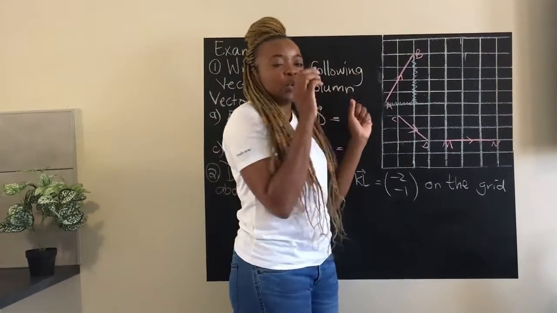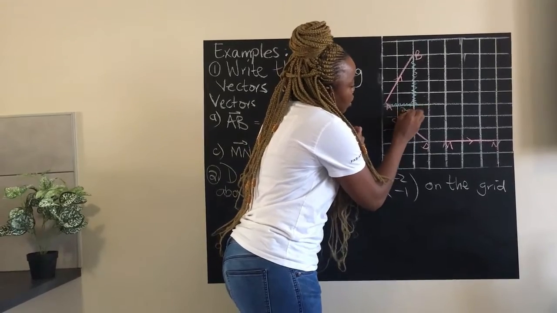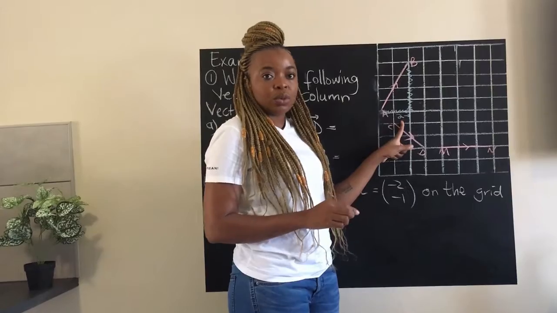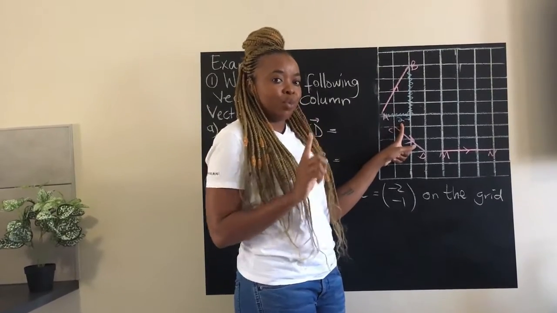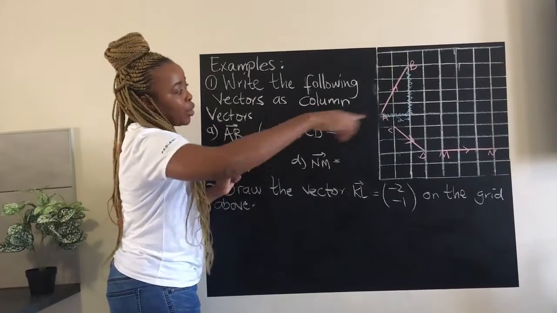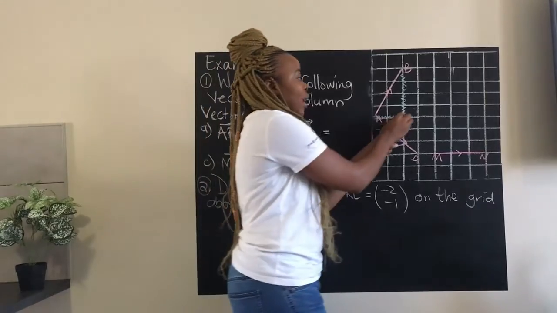So if you look at that, you went 2 blocks to the right, meaning you have a +2. So that's your horizontal movement. That means you have your bracket, you have a +2 because that's your horizontal movement, and then you went up.